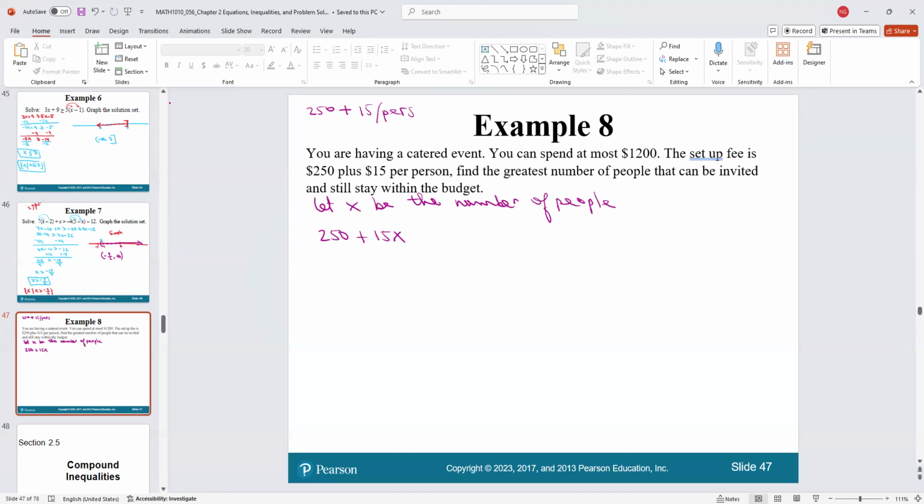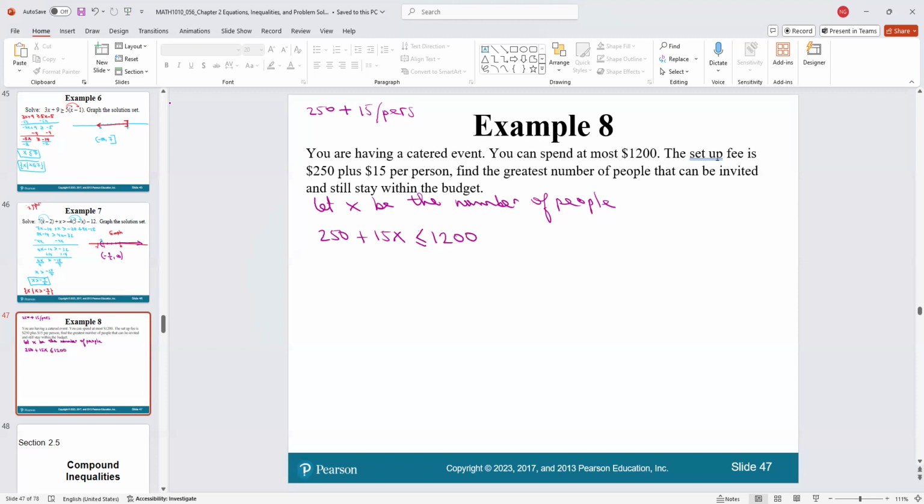Now, we need to find the greatest number of people that can be invited and still stay within the budget. So when you pay the $250 flat fee plus the $15 per person, it shouldn't exceed $1,200.